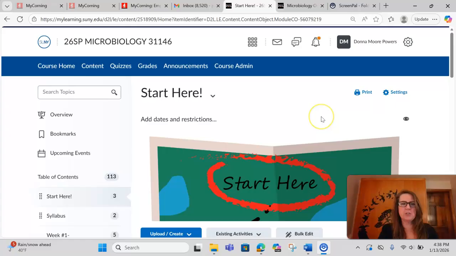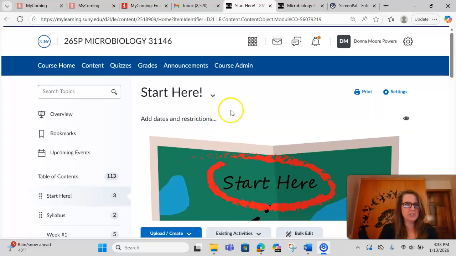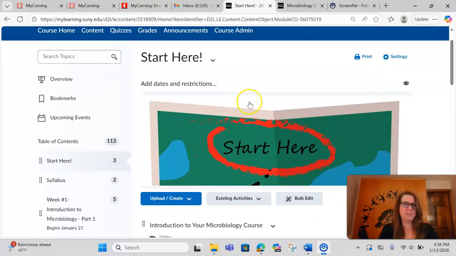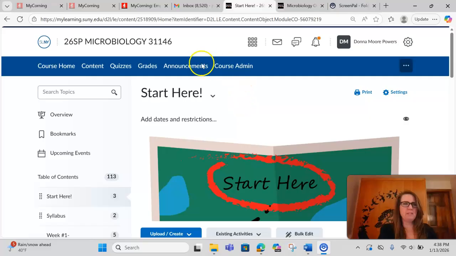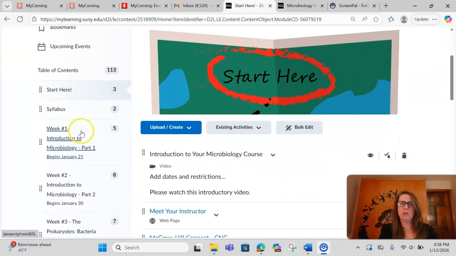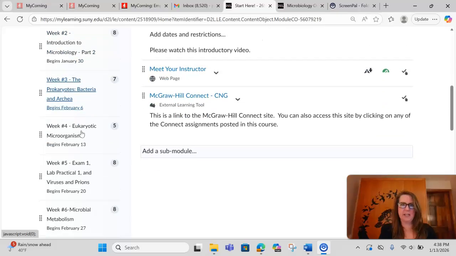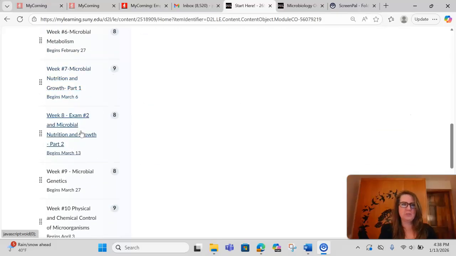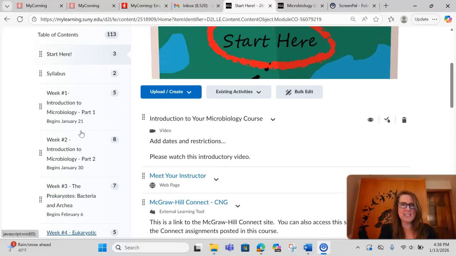I do want to go over some things with you on how the course is structured, so you can jump right in. Let's first take a look at the course. When you're in the Brightspace shell, you can see you've got your navigation tabs up here, and then you can see all those things down on the left-hand side of the course. Don't let this stress you out. You're not going to see all these things at once.